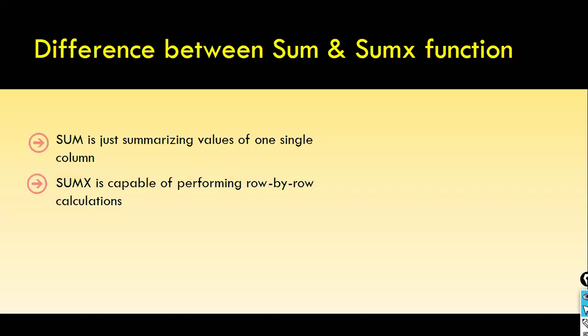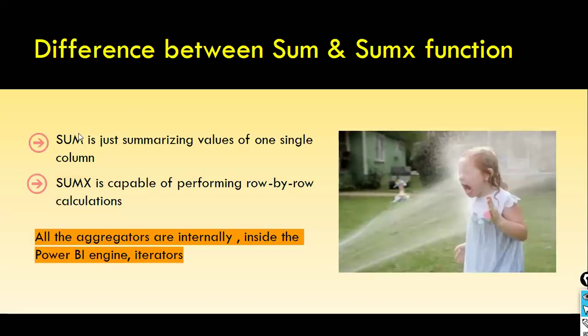What's the difference between sum and sumx function? Sum just summarizes the values of one single column, whereas sumx is capable of performing row by row calculation. So here, you can perform row by row operation, multiply quantity into price, and then you can store the result of the product of quantity and unit price in a separate column. You just remember sum is an aggregator, whereas sumx is an iterator.